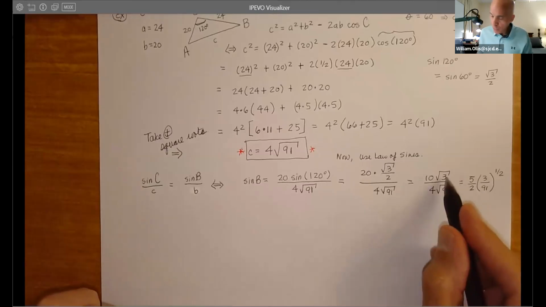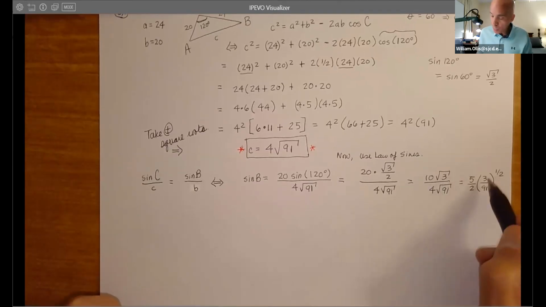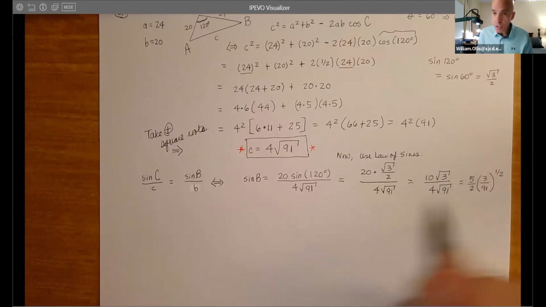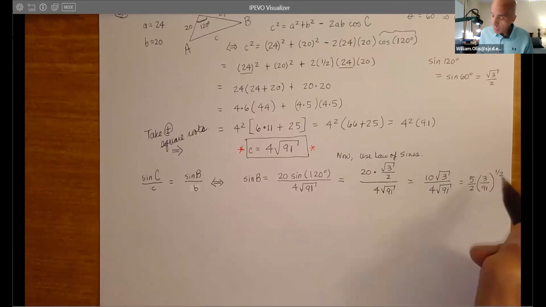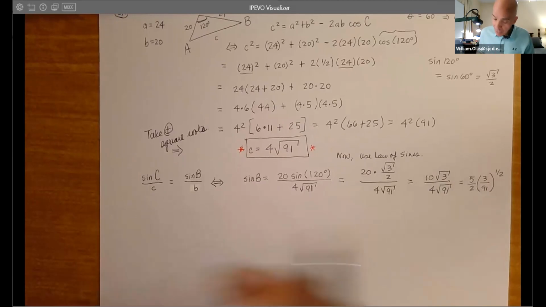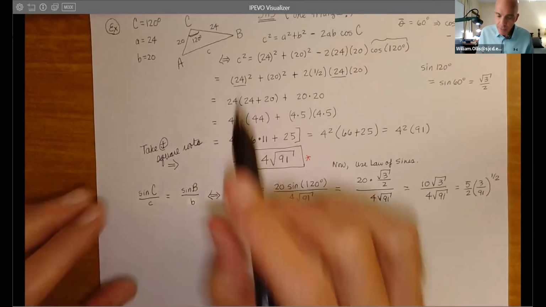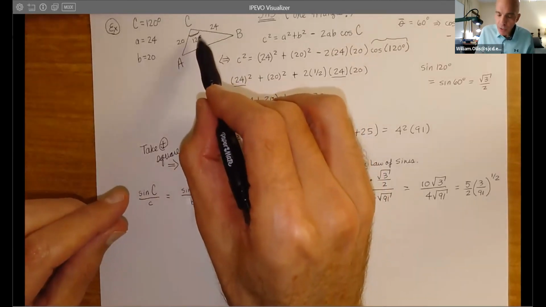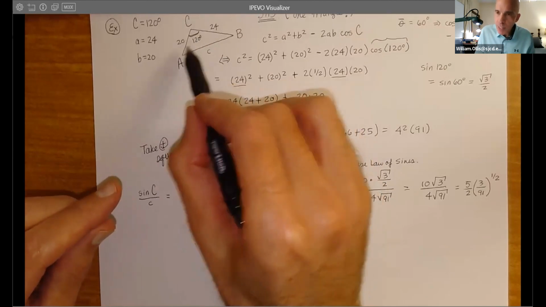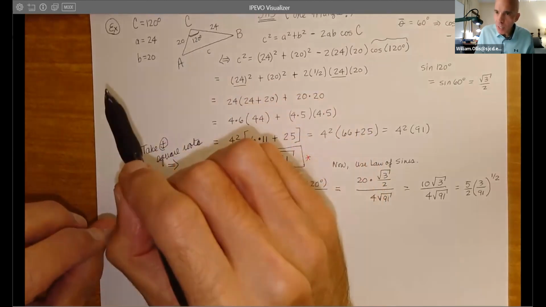So again, the square root of 3 over the square root of 9 1 is just the square root of 3 over 91, written more conveniently using the laws of exponents. Now we're thinking, okay, what is this going to do? Notice this is a 120-degree angle, and what's left is just 60 degrees.